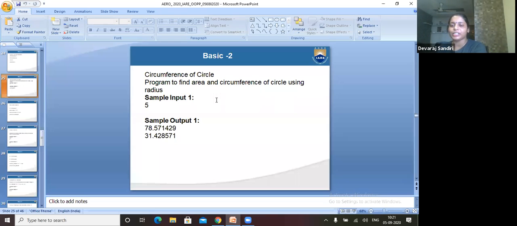Area of circle, you know, no? 3.14 into r. Okay, next, area is pi r square. Good.